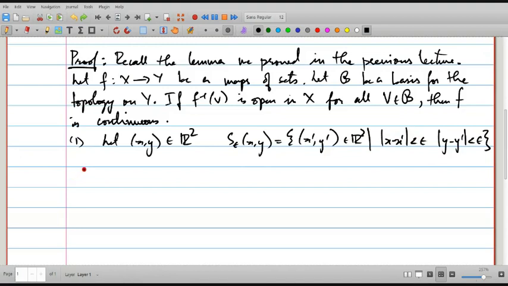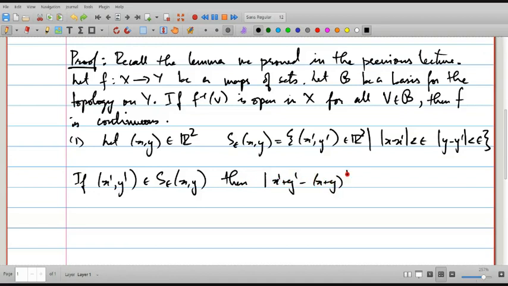We make an observation first. If (x prime, y prime) is in S epsilon (x, y), then the absolute value of x prime plus y prime minus x plus y is less than or equal to the absolute value of x minus x prime plus the absolute value of y minus y prime, which is strictly less than 2 epsilon.